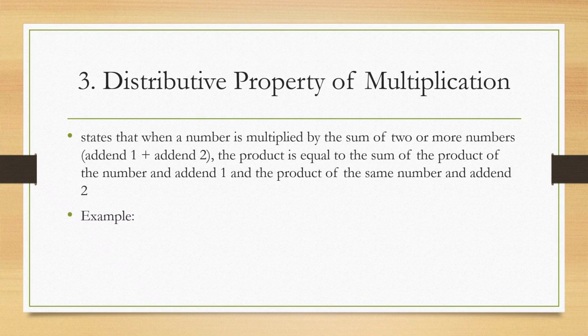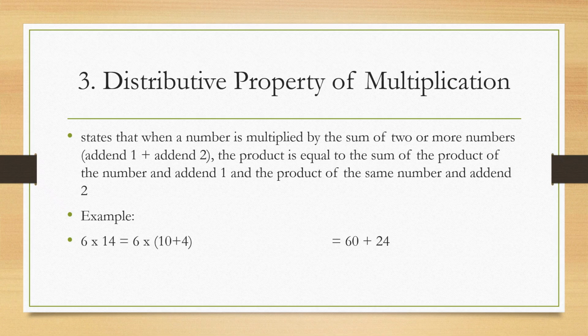For example, 6 times 14. Okay, this is the number on the left side, before the equal sign, and on the right side of the equal sign you have 6 times (10 plus 4), which is enclosed in parentheses.